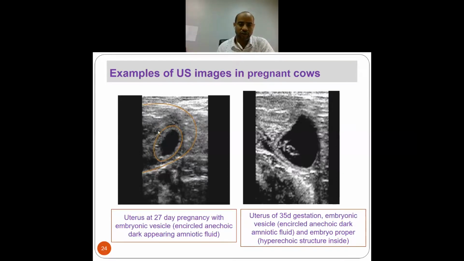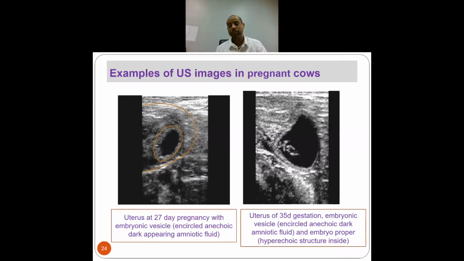So as you can see here, this is a 27-day pregnancy of a cow examined transrectally using a linear probe. The most prominent structure that you see is a dark rounded space, which represents the amniotic fluid.